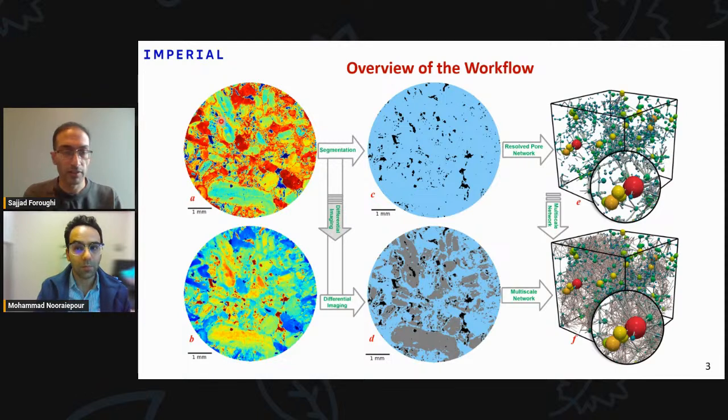I show here one slice of the dry scan. With the dry scan, we can do segmentation and see the pore space. At the same time, if we have the same rock fully saturated with 30% KI brine, we can see the sub-resolution porosity by differential imaging, and segment the voxels that contain it.